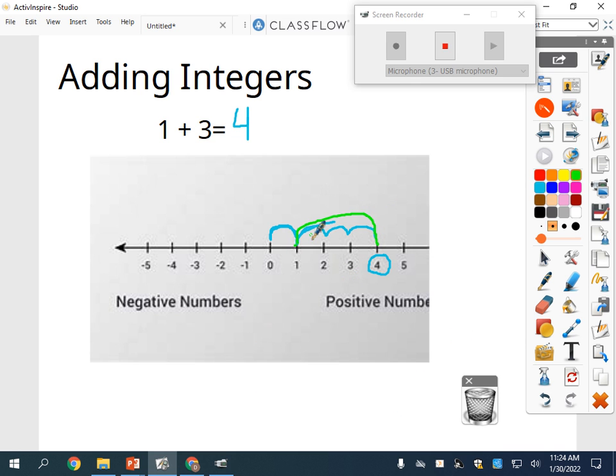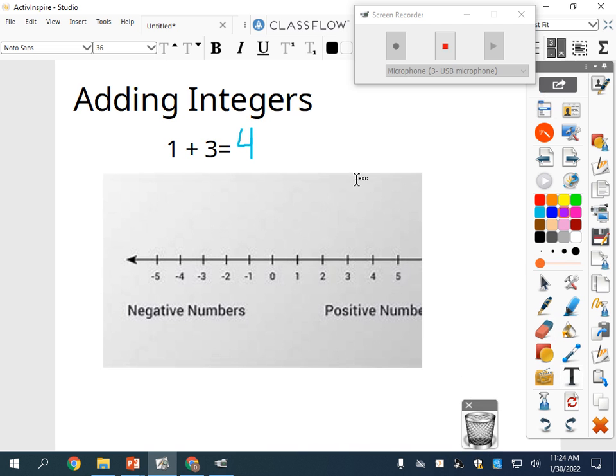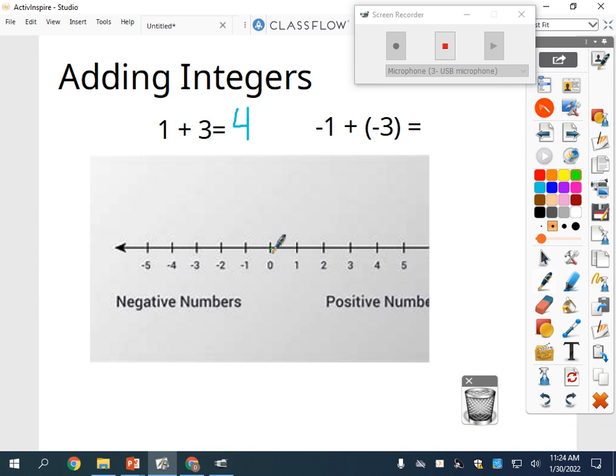Notice when I do this, I'm always going in the same direction because I'm adding two of the same positive integers. Now, what if I changed both of those and made them negative? So negative 1 plus, there's my parenthesis again, so you know that this sign right here is a negative sign, not a subtraction sign. But watch this. I'm going to start at 0 and go down to negative 1. So that represents my negative 1.